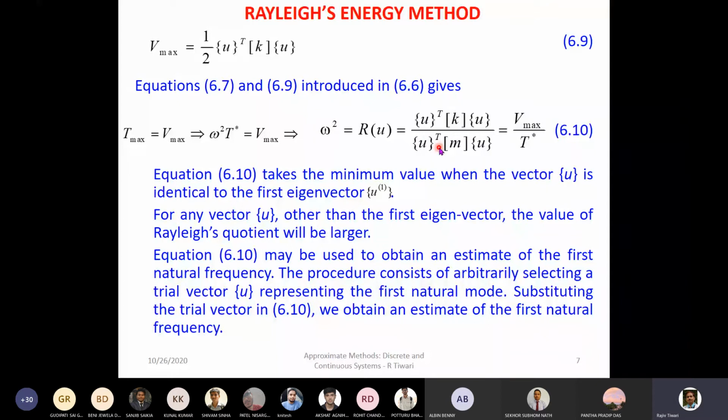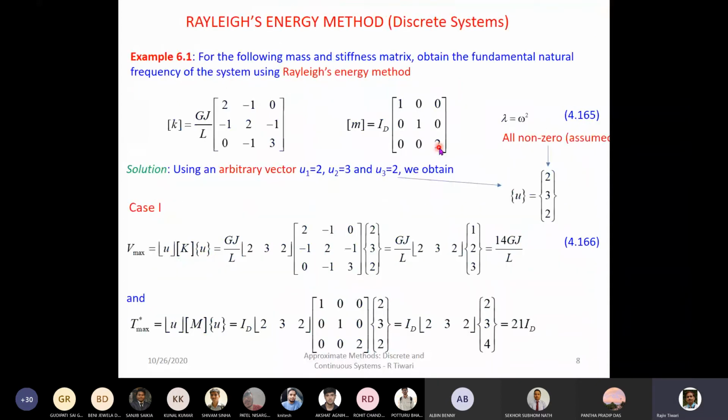Okay, so now through one example, we'll see how this Rayleigh's energy method works. Here we have a discrete system, and because we are already familiar with how to obtain the equation of motion, the stiffness matrix and the mass matrix, I'm not repeating those things.